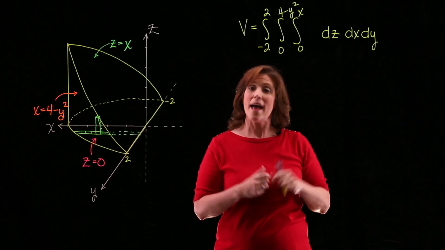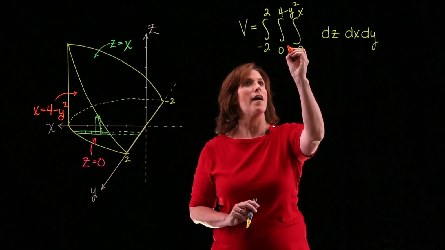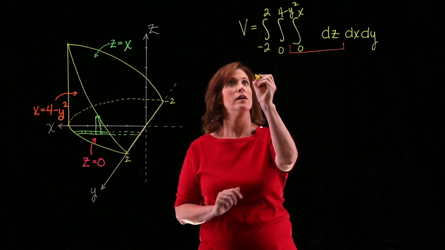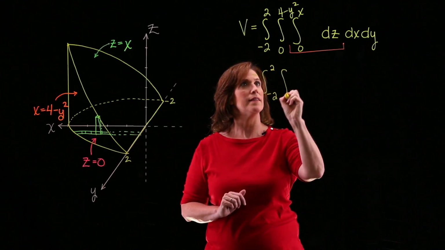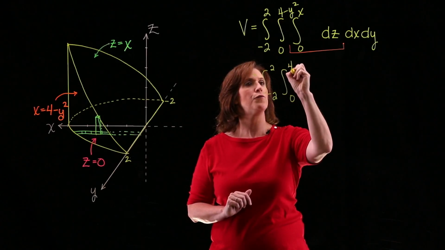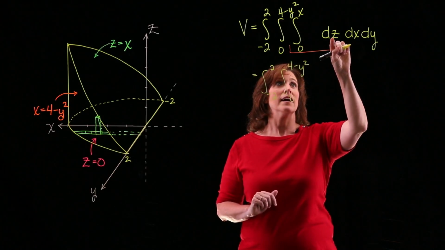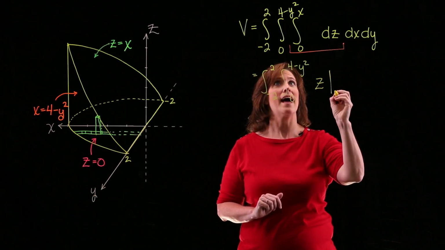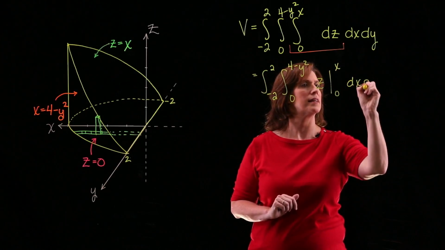All right, now I have my triple integral set up, so I can begin by working on the inside piece. I have the integral from minus 2 to 2, the integral from 0 to 4 minus y squared, and the integral of dz is just going to be z, evaluated from 0 to x, and then I have my dx dy.